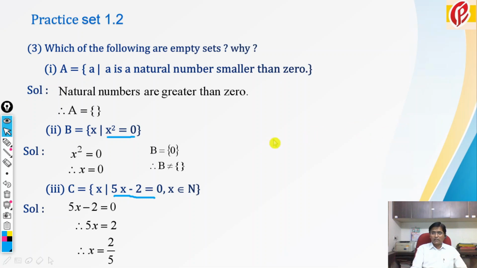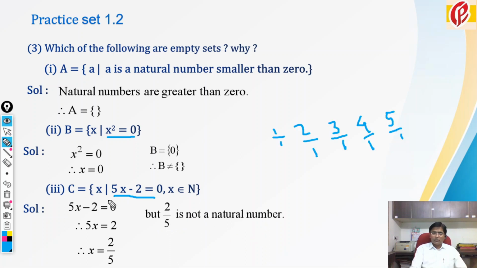Natural numbers are not in the form of fraction. So 2 upon 5 is not a natural number. Therefore C is the empty set, or C is equal to phi.